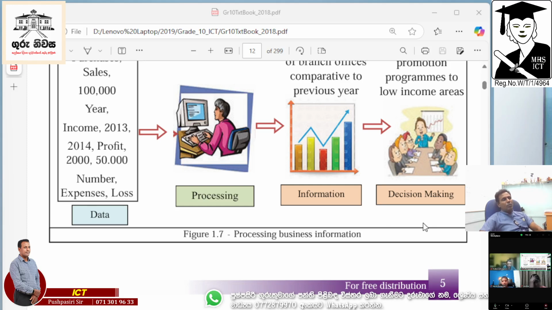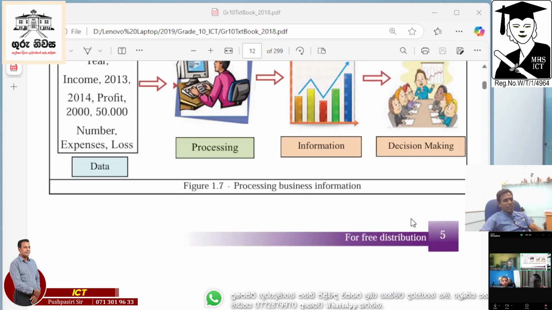So if you are taking a decision in a company, that company will depend on those decisions, whether the company is going in a good way or bad way, right? That depends on the decisions that they are taking. So it is very important to have good information in order to make good decisions.